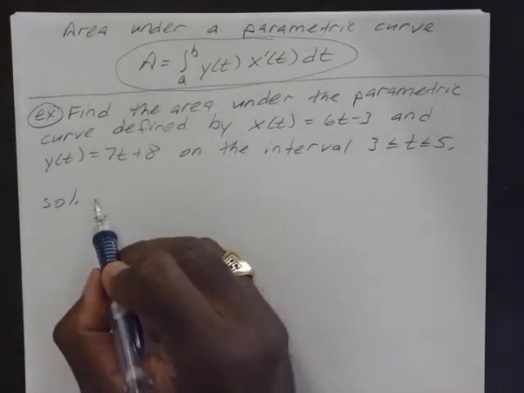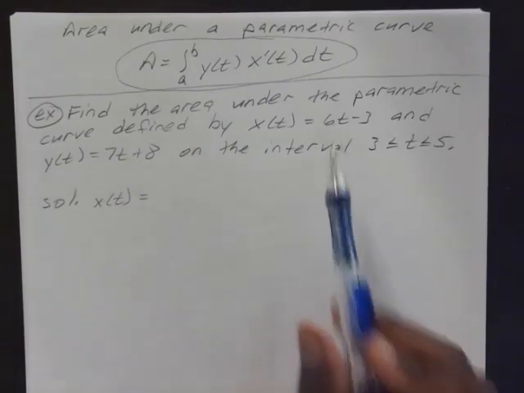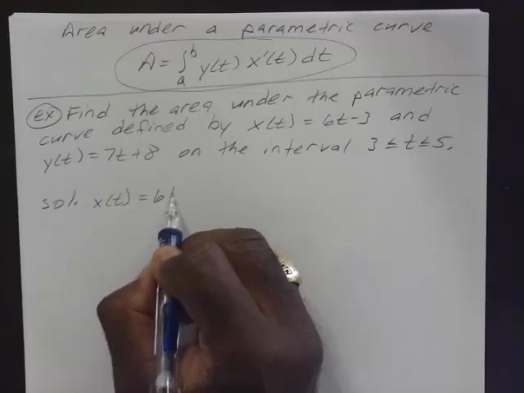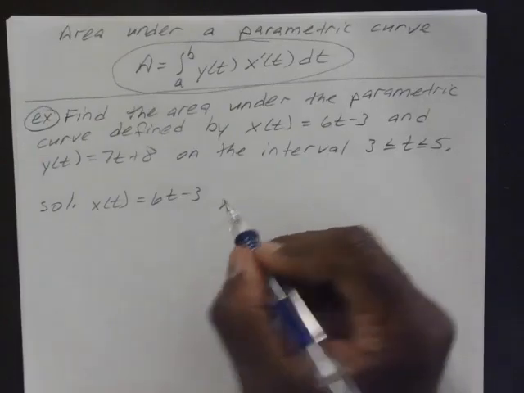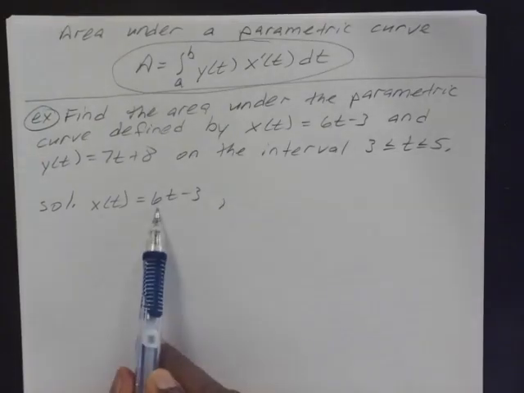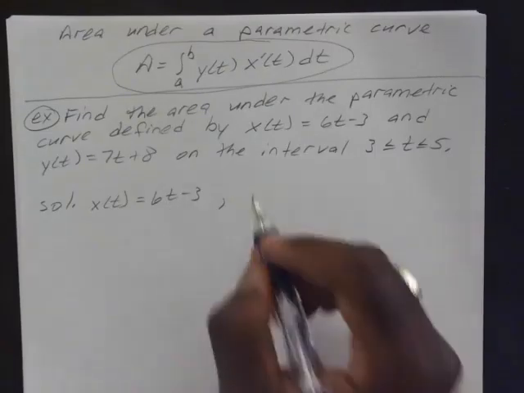Okay, so we know that our x of t is equal to 6t minus 3, and the derivative of x with respect to t is just 6.